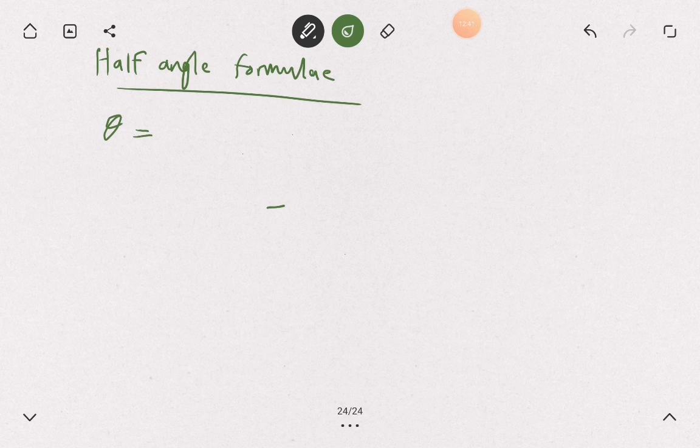Another way to write theta is you can divide theta into an addition of theta over 2 plus theta over 2, right? 1 over 2 plus 1 over 2 is equal to 1, so theta over 2 plus theta over 2 is equal to theta. You divide anything by 2, add it to itself, and you get back the original number. So we're just going to use this.